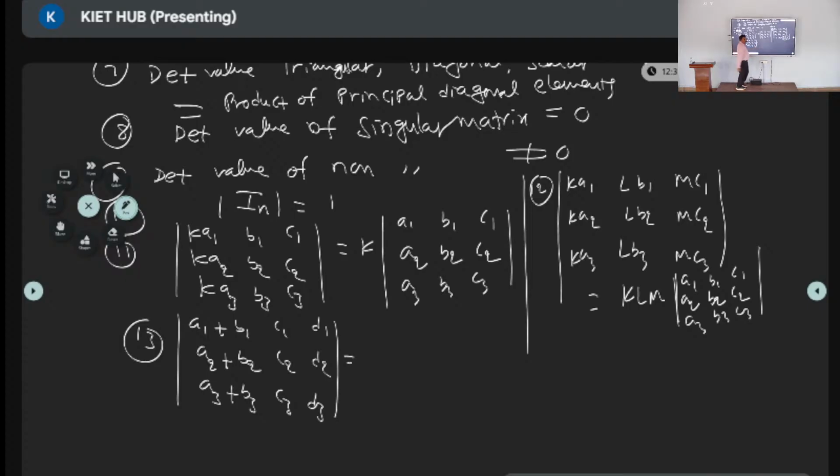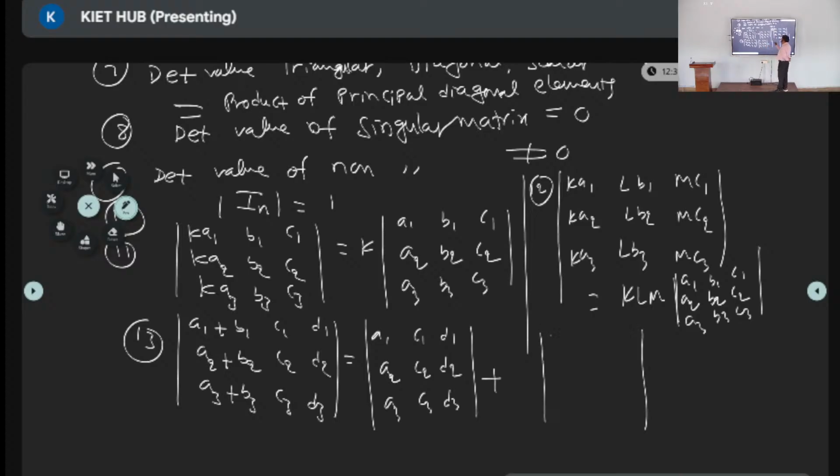If any row or column is the sum of elements, that can be expressed as the sum of two determinants: A1, C1, D1, A2, C2, D2, A3, C3, D3 plus B1, C1, D1, B2, C2, D2, B3, C3, D3.